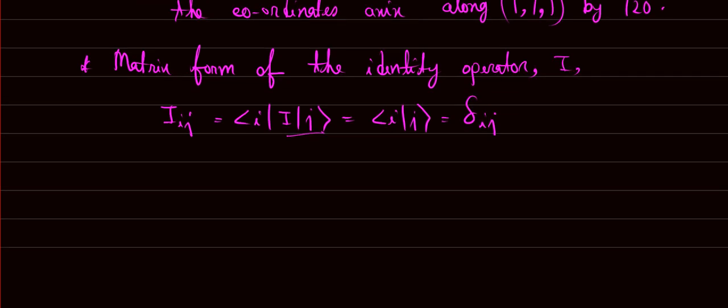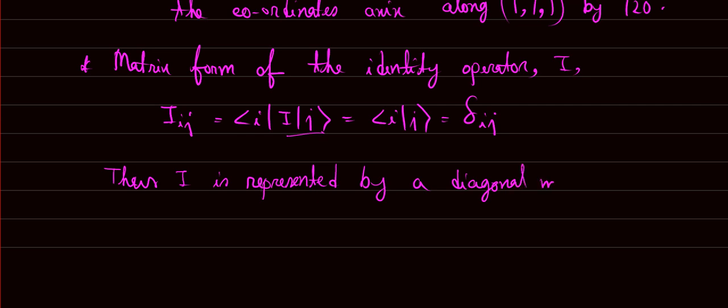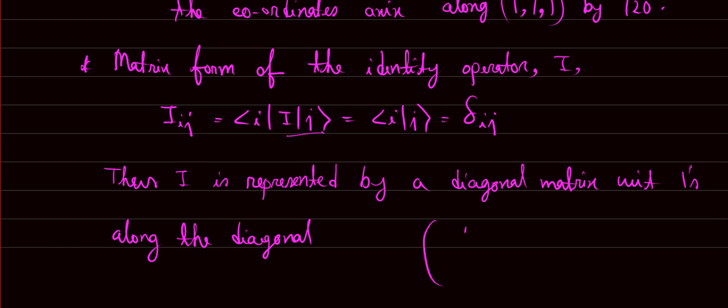Thus I is represented by a diagonal matrix with ones along the diagonal, which we know is called the identity matrix: 1 0 0, 0 1 0, 0 0 1.